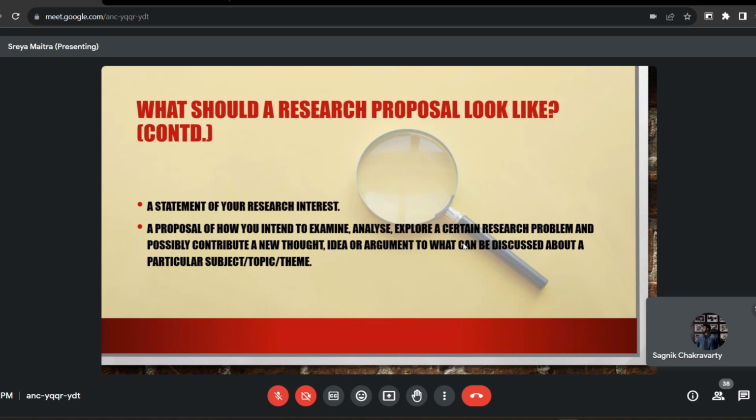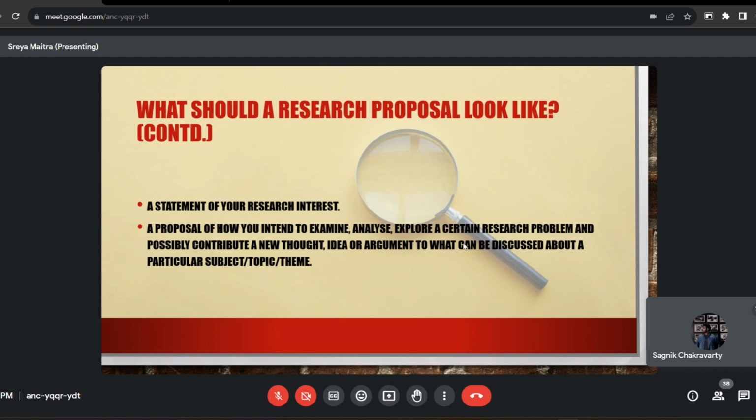So, for example, we have seen numerous discussions on television about, let's say, the NEP, the National Education Policy, which has now come about, and how that is going to permanently change the education system in India.